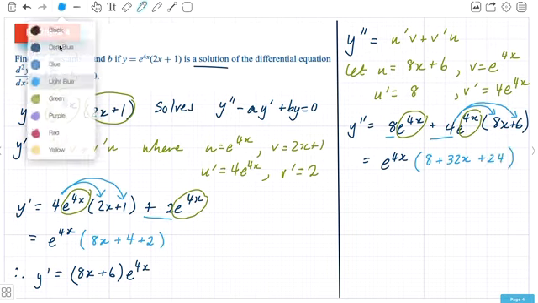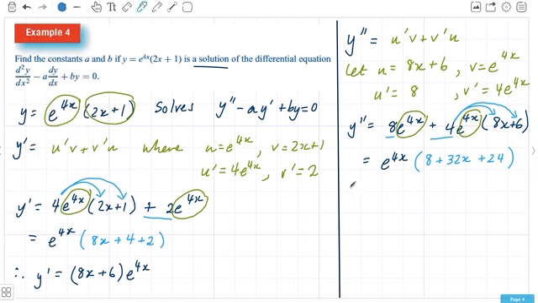So we end up with our second derivative equals e^(4x) outside of 24 plus 8, which is 32, plus 32x, which is quite nice. So we've now got our set of y'' and y', and we're going to use those on the next page.